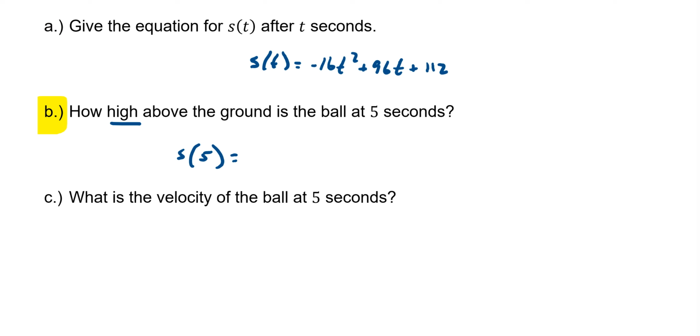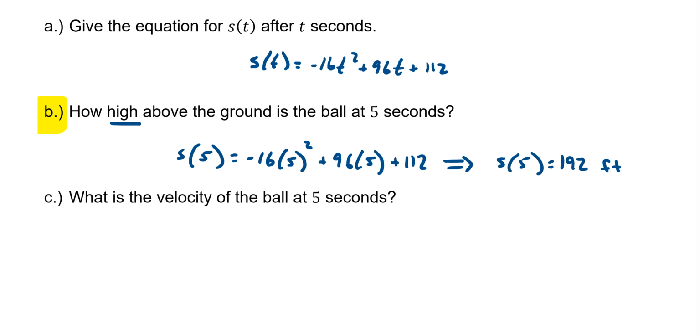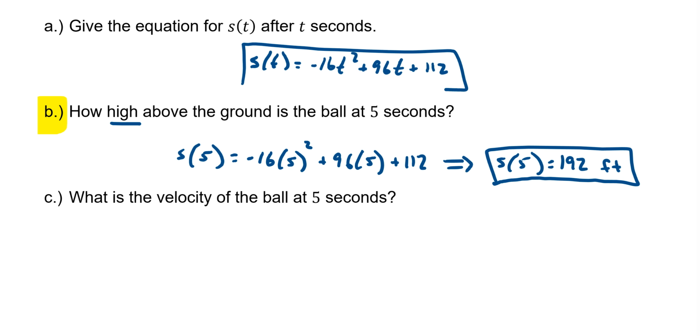There's no calculus involved here. We just have to use our function and plug in 5. So plug in 5, evaluate this, plug it in the calculator, and we end up getting s of 5 is 192 feet. So let me just circle these because we're going to need them in one second here.